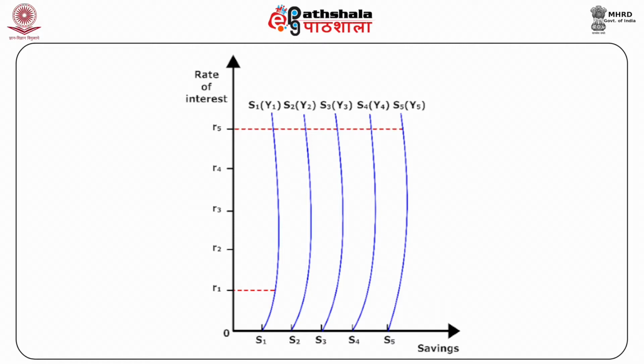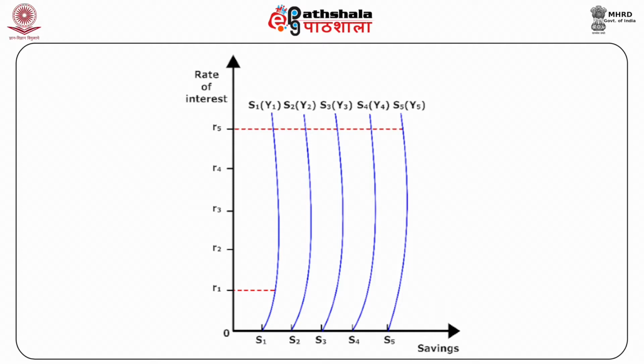Hence, we have two parallel savings functions which are positive, they are rising, but they could be described as being concave to the y-axis and asymptotically parallel to the y-axis, because increasingly when the rate of interest goes up, the addition to savings goes on diminishing.